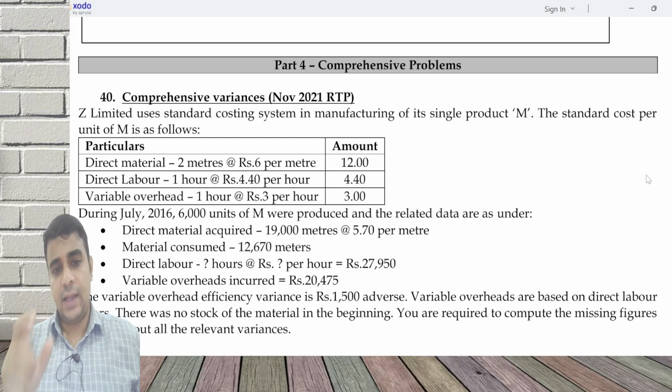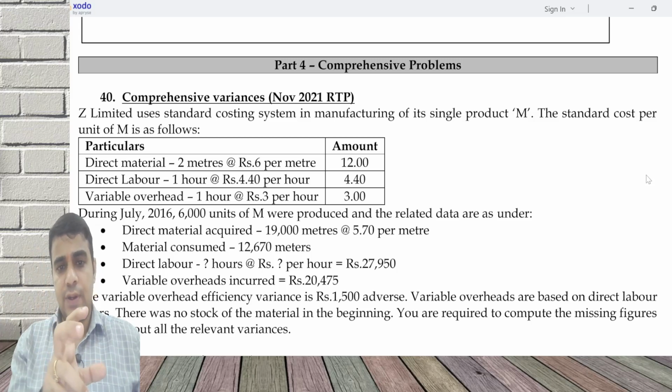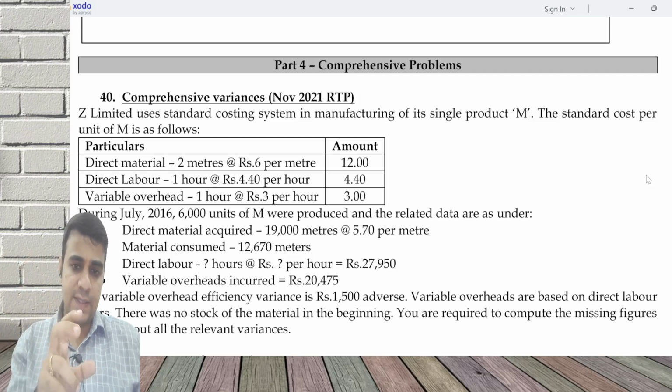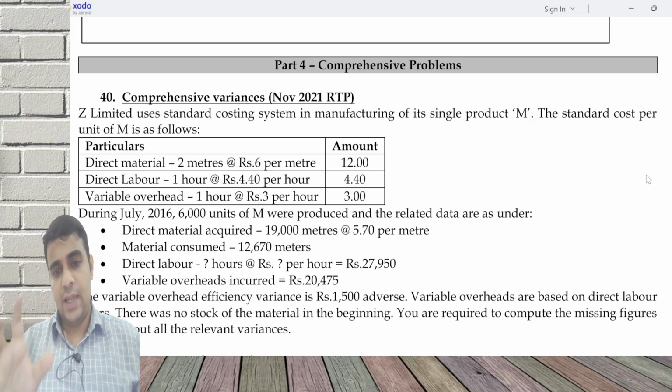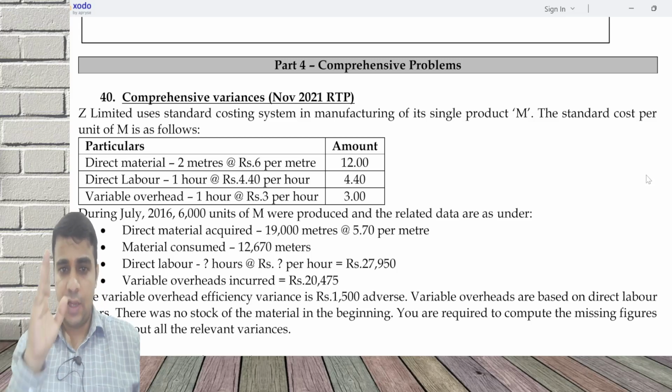And then with idle time: SR into SH, SR into RSH, SR into AHW, SR into AHP, AR into AHP. Main variance is called cost split into your rate variance, idle time variance and efficiency, which is split into mix and yield variance. Variable overhead only one situation: SR into SH, SR into H, AR into H. Cost variance, expenditure variance, efficiency variance.